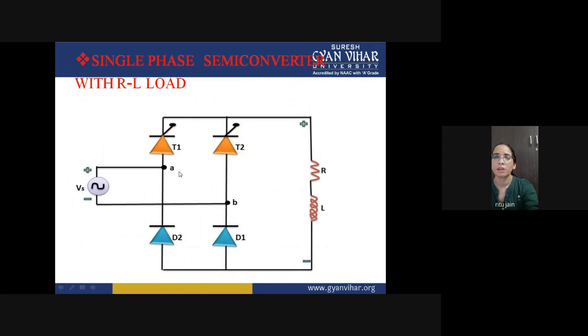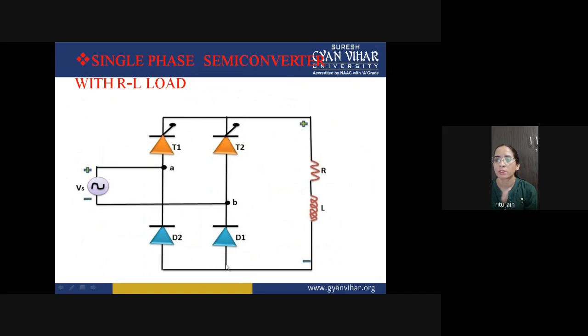So the suitable thyristor and diode for this positive half cycle are T1 and D1. So when you apply the positive half cycle, T1 and D1 are conducting. When T1 and D1 are conducting, then what is happening?